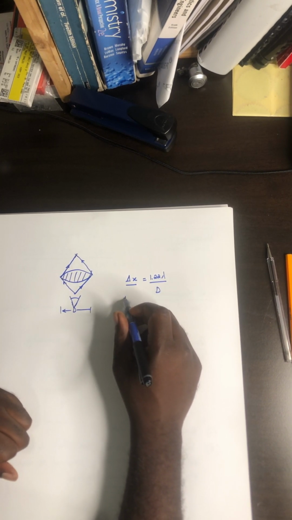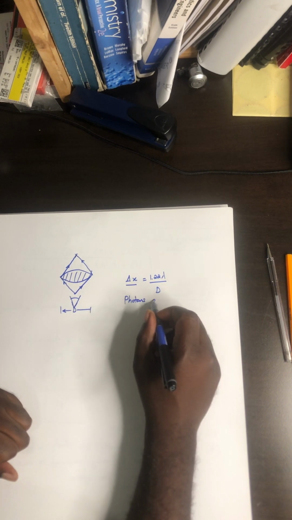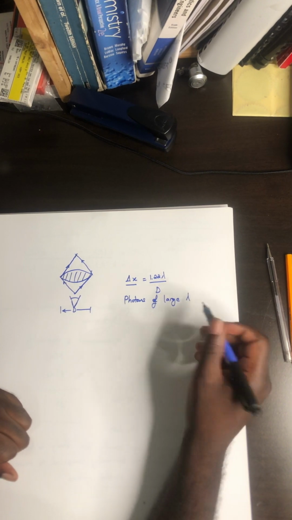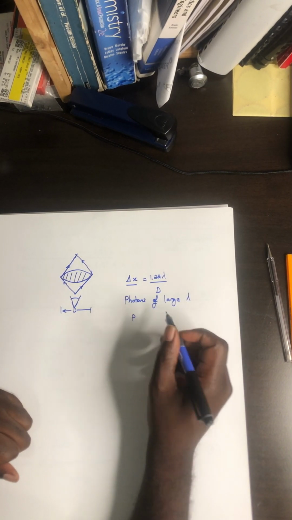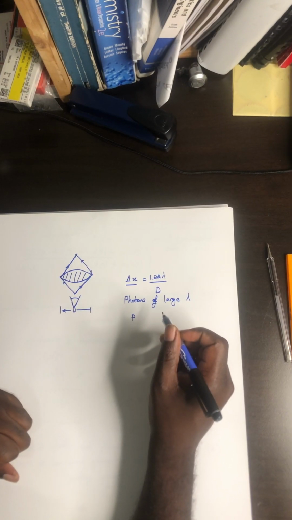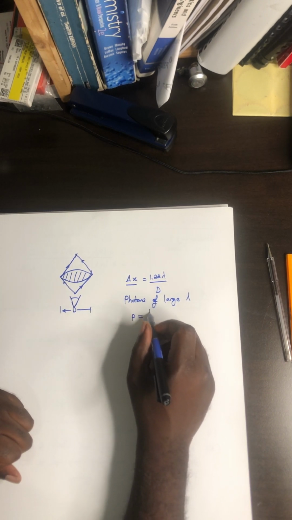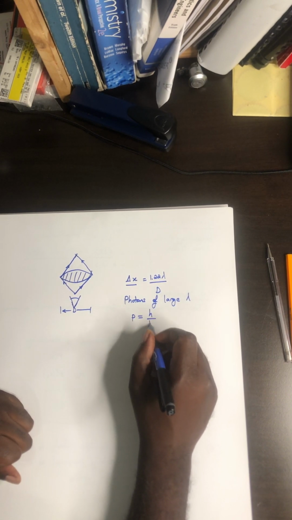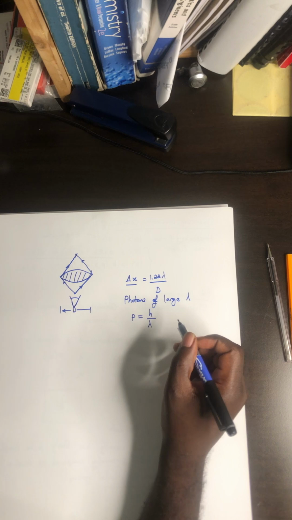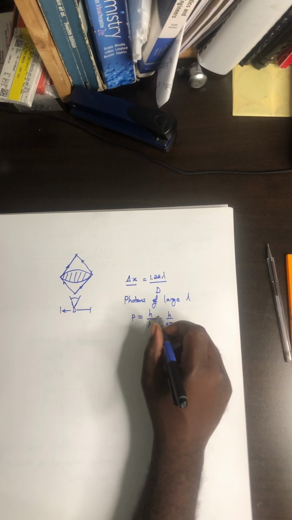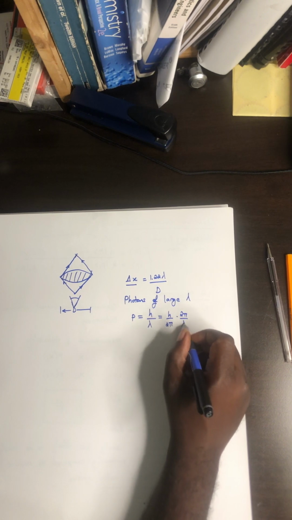Now, if a photon has large wavelength, then its momentum p is given by h over lambda, which we can write as h over 2 pi times 2 pi over lambda.